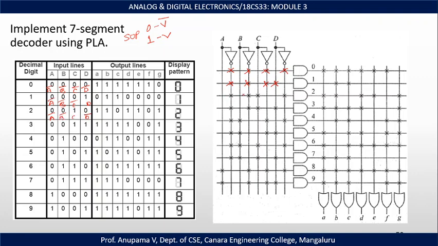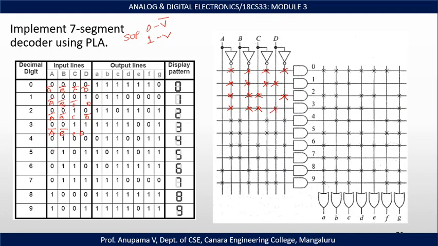So in the next line I will implement A bar, B bar, C, D bar. So the next entry in the truth table is 0011, which is equivalent to A bar, B bar, C, D. So in the next line of PLA, I draw X mark against A bar, B bar, C and D.